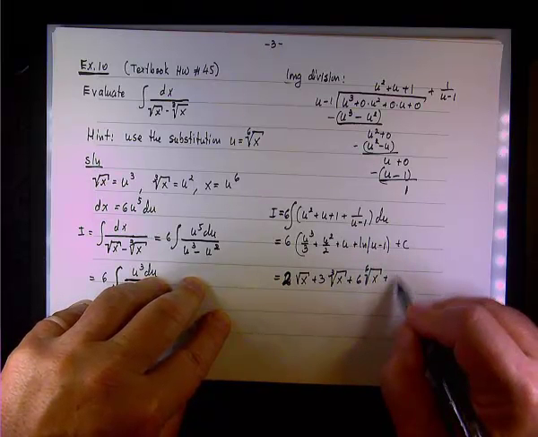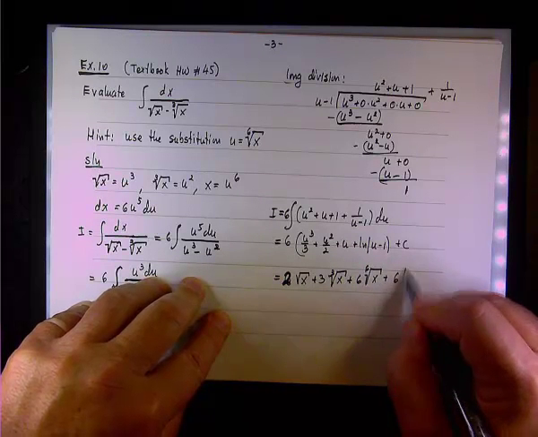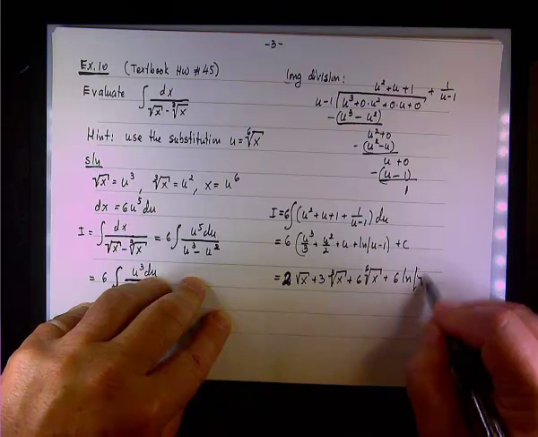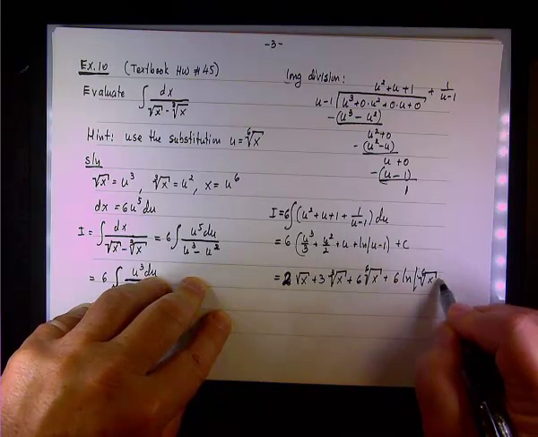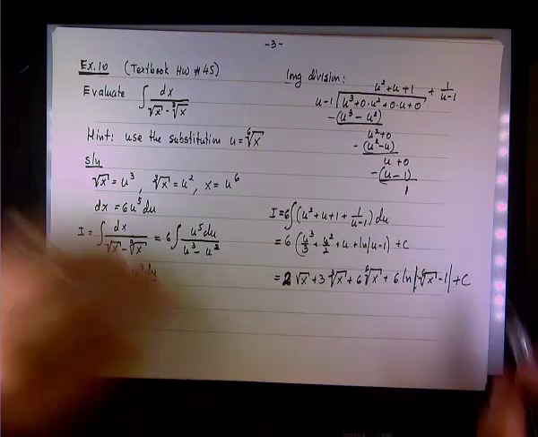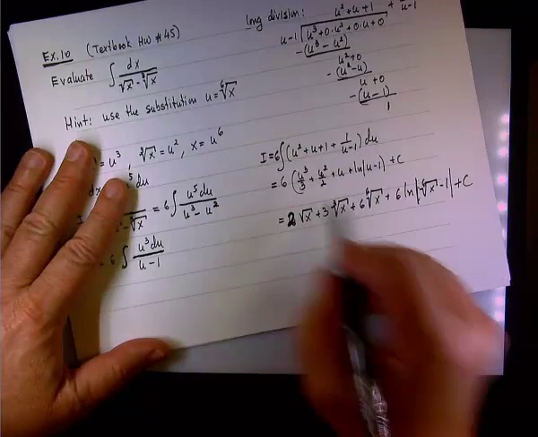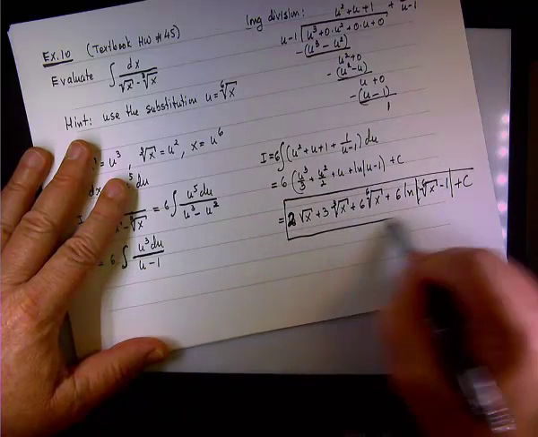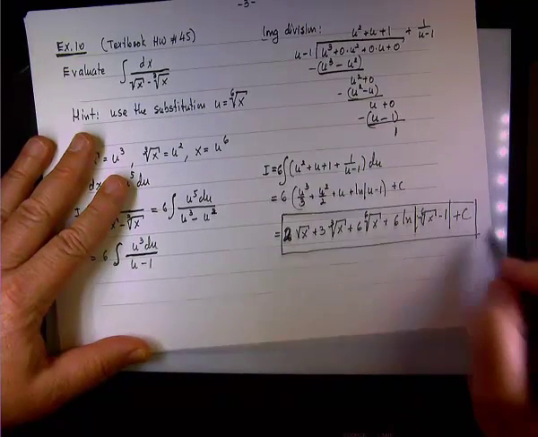And then 6u, well, u is the 6th root of x. And then 6 times the natural log of the 6th root of x minus 1 plus c.